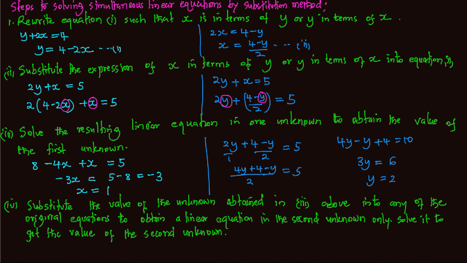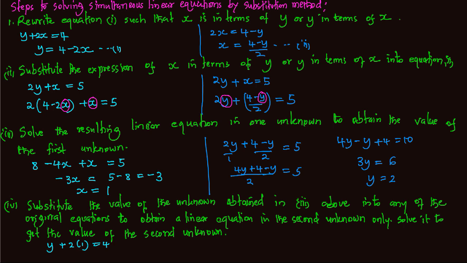In the case of the first example, we already have the value of x is equal to 1. So we substitute it into y plus 2x is equal to 4. Where there is x, we substitute 1.